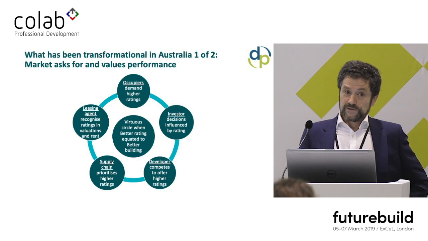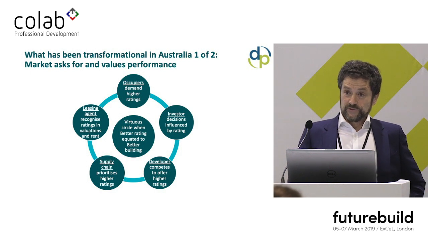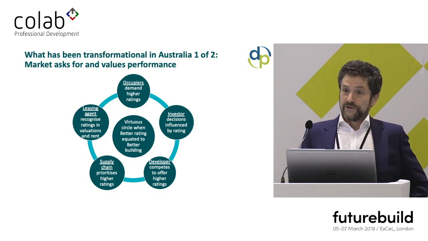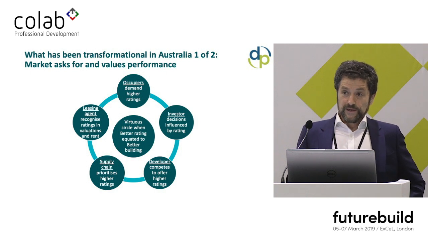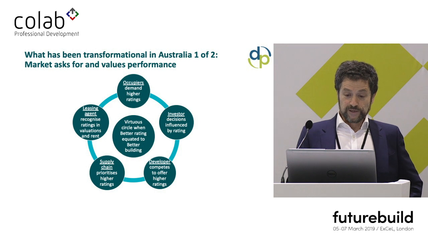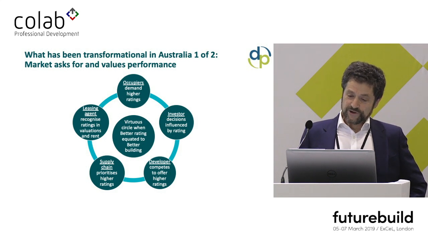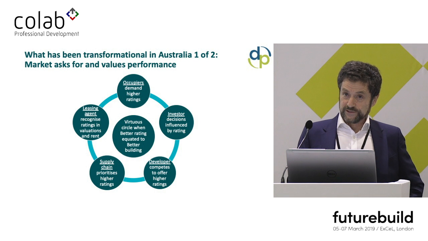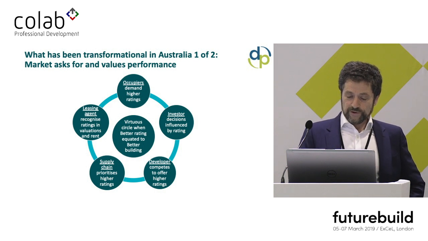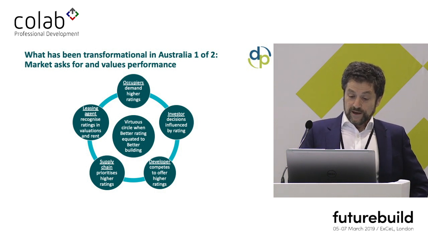The first one, Sarah has already alluded to, and it is this virtuous circle where the occupiers have learnt that a better rated building is indeed a better building. So they are asking for better rated buildings. They're actually prepared to pay a premium rent for better rated buildings. That creates an incentive for investors to call for better ratings.